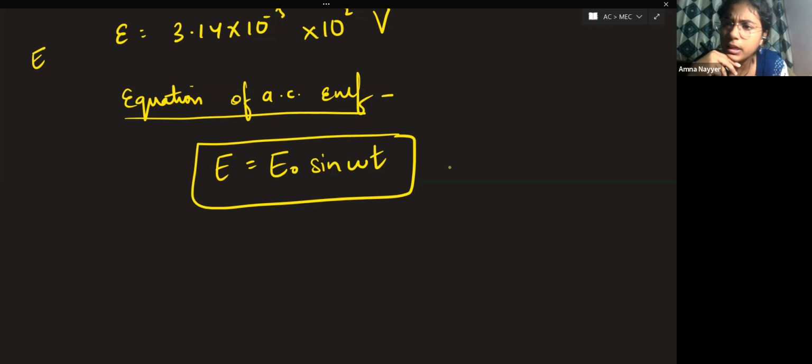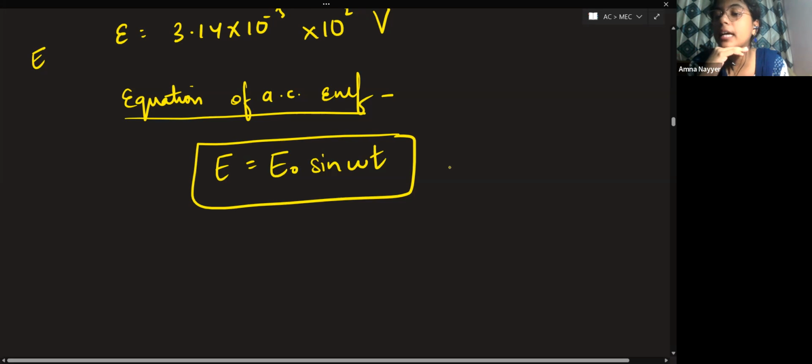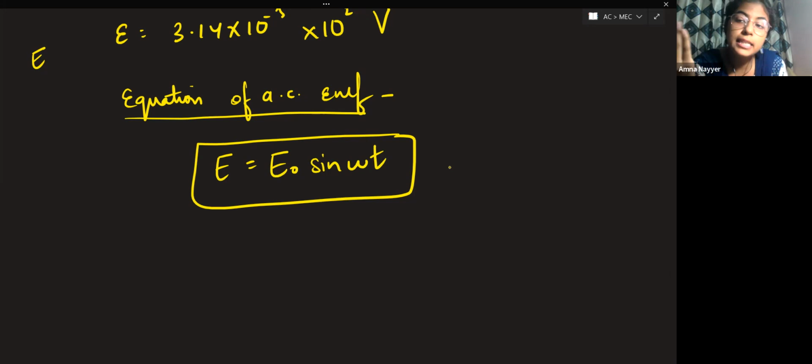And this sine omega t we have already discussed in the last class. Basically, this is the turning of the coil. So the angle that was formed, we have written it as omega t, because omega is theta divided by t. So theta can be written as omega multiplied by t. So E naught multiplied by sine omega t. This is your EMF now in alternating current.